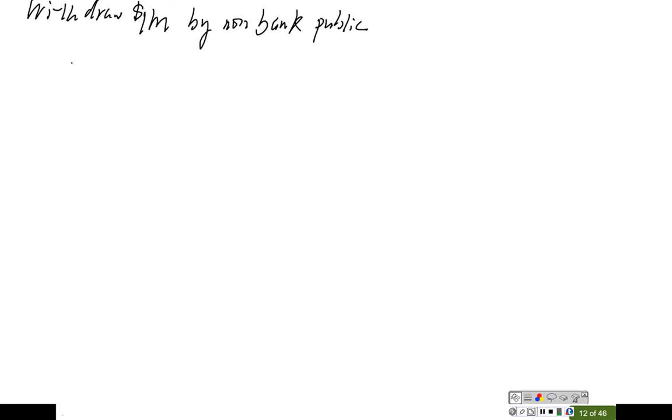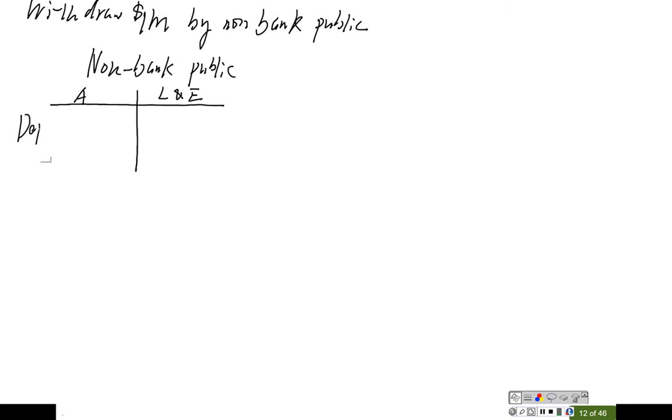Because it involves the non-bank public, we first need to show the non-bank public the balance sheet: asset, liability, and equity. Because we know all the money in the checkable deposit belong to the non-bank public, the checkable deposit is part of the non-bank public's asset.